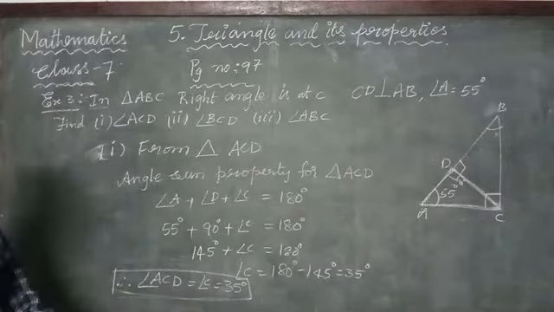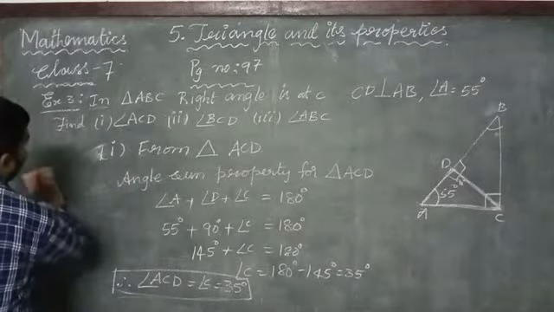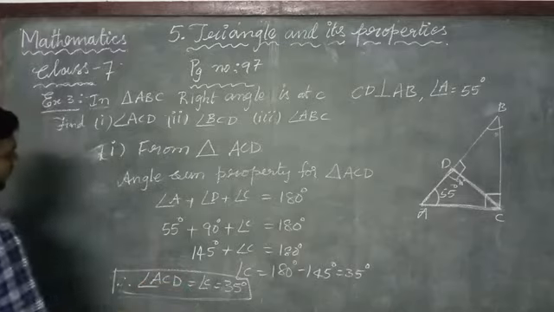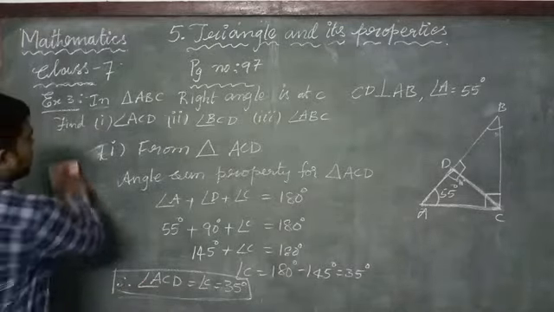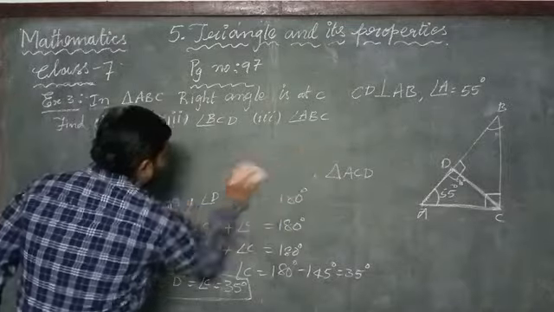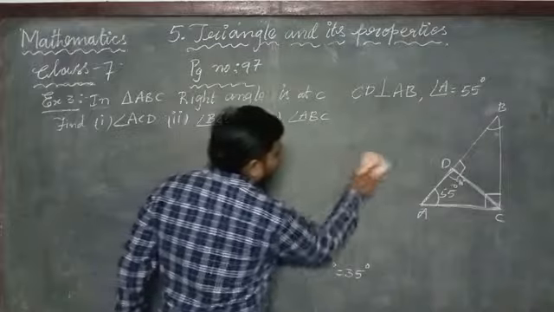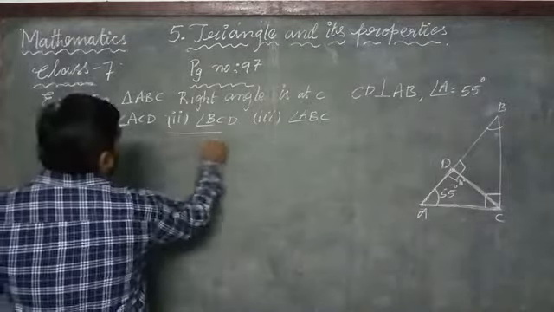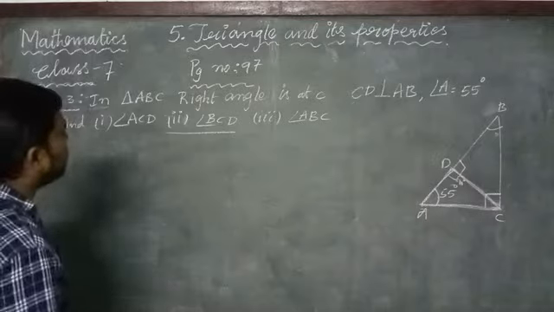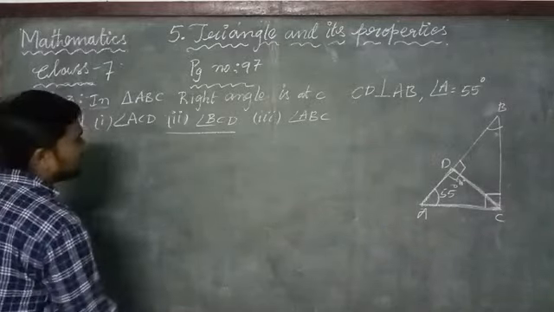Okay, now let us see the second bit in this problem, angle BCD. Here we had got angle ACD is 35 degrees. Now, the solution for the second bit in this problem, angle BCD.